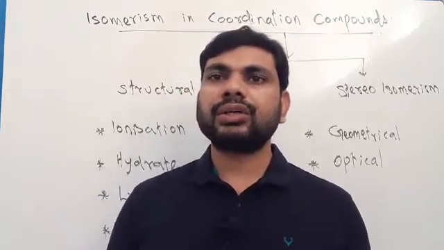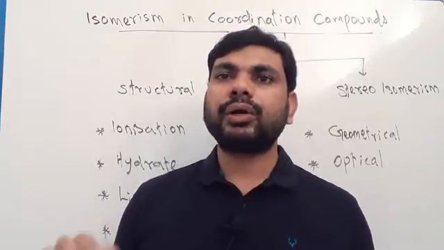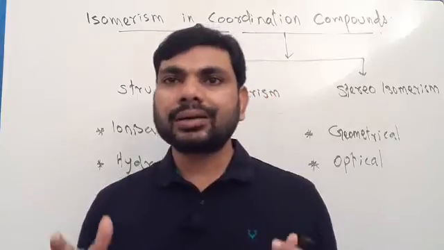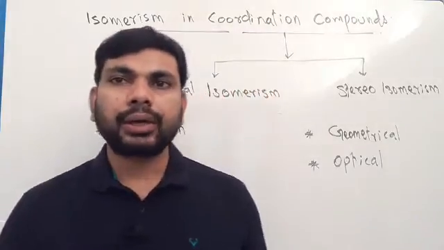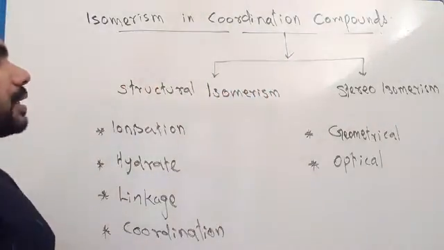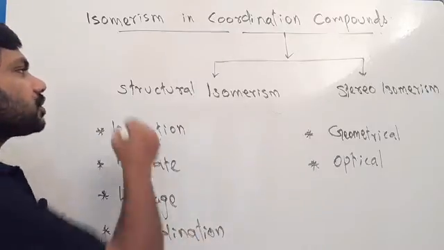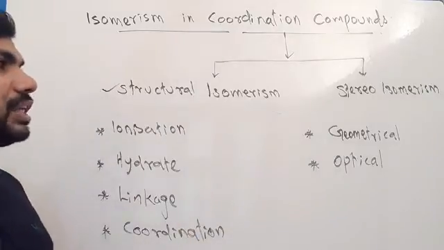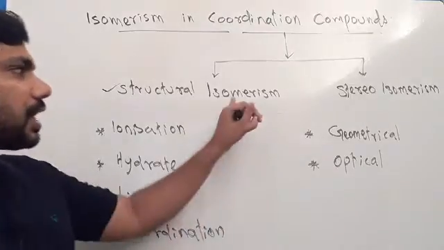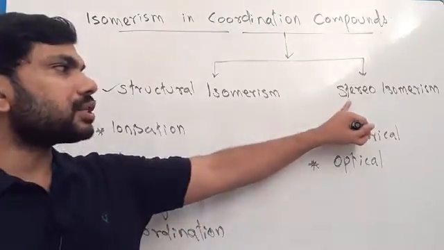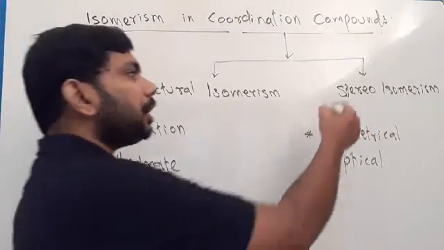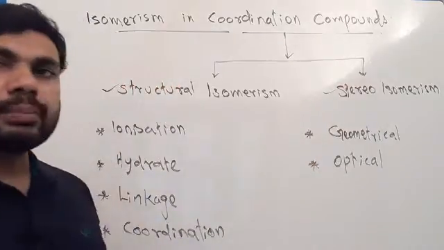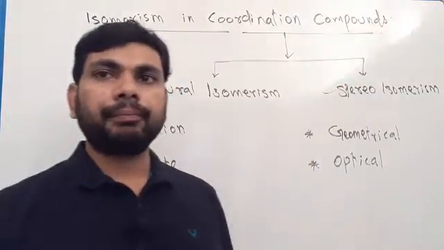Isomerism in coordination compounds we can classify into two types: structural isomerism and stereoisomerism. These are the major classifications.